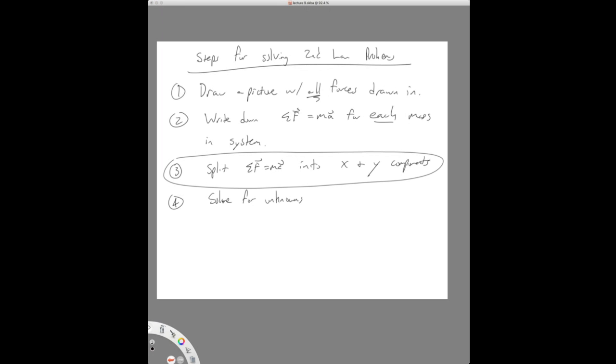Now, these steps are generic to every single problem, but then there are certain tricks that we will use in certain situations. There's still more to the picture than this, but every problem will follow those steps. So let's try the following. Suppose I have a wedge, and on this wedge I place a box.